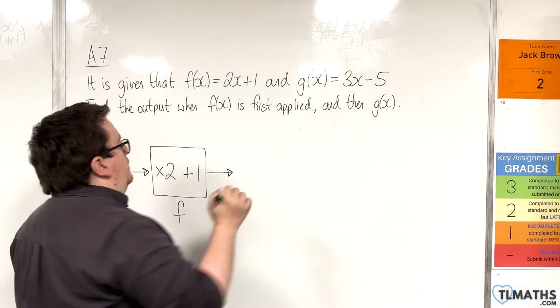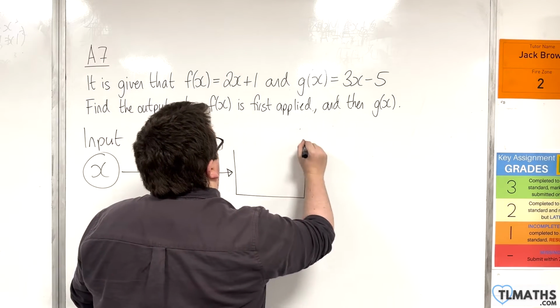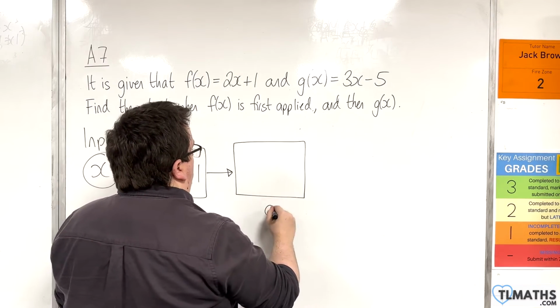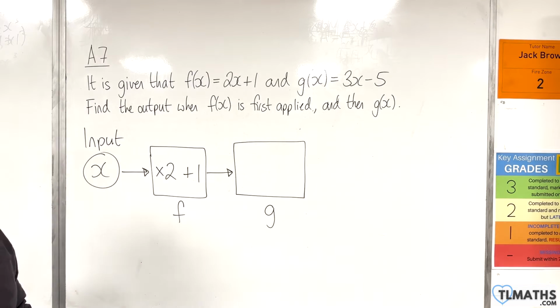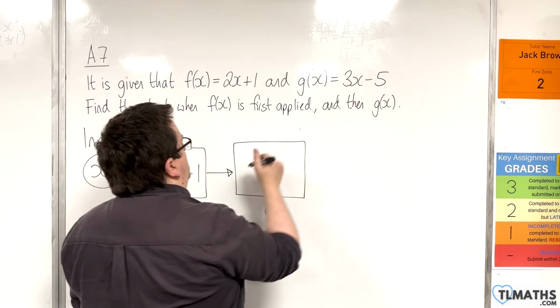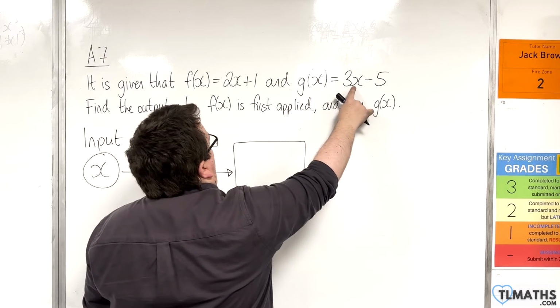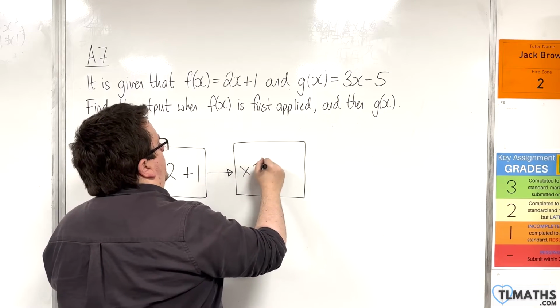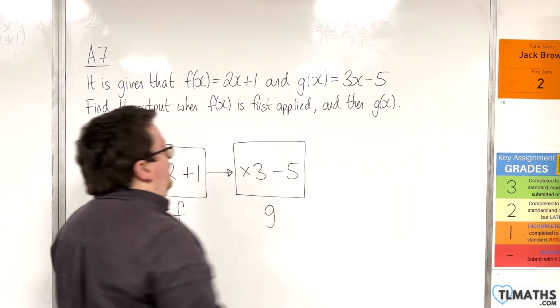But then I'm going to put it into another function machine, which is called g, which is going to multiply the input by 3 and then subtract 5.